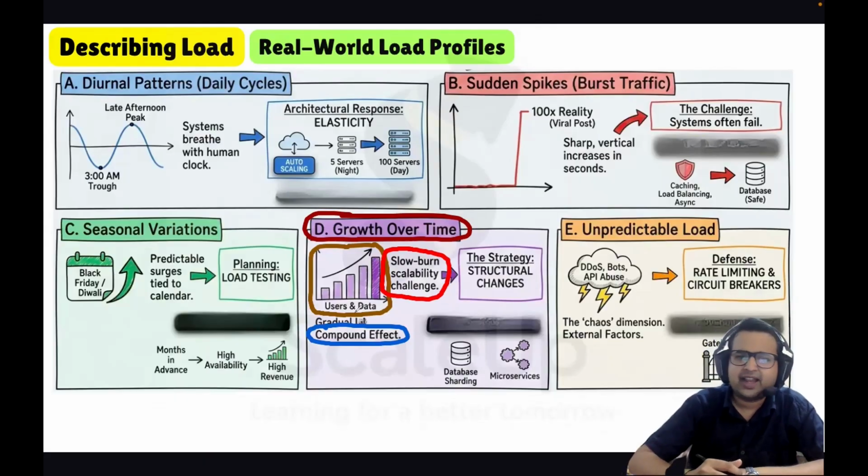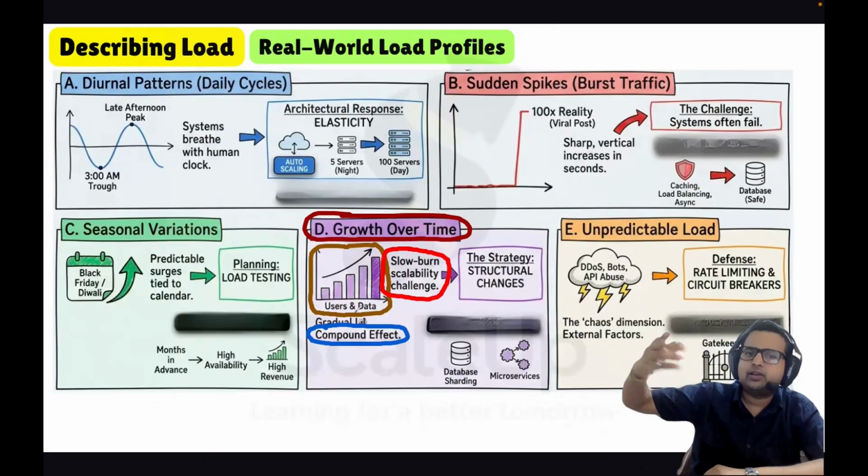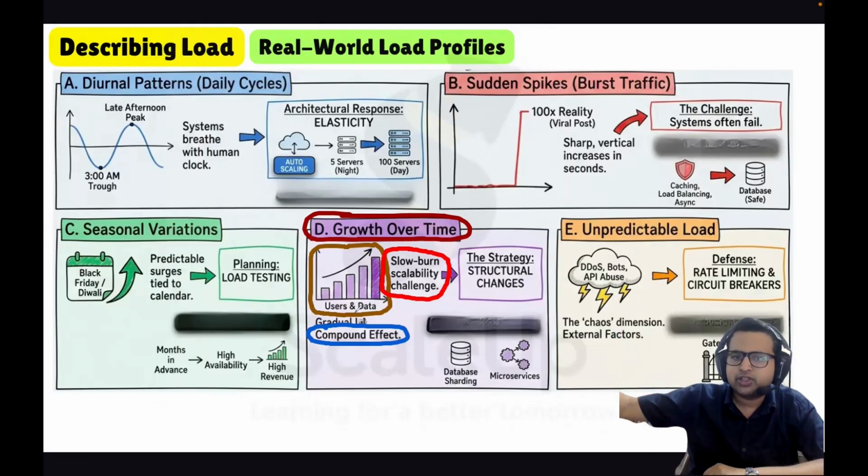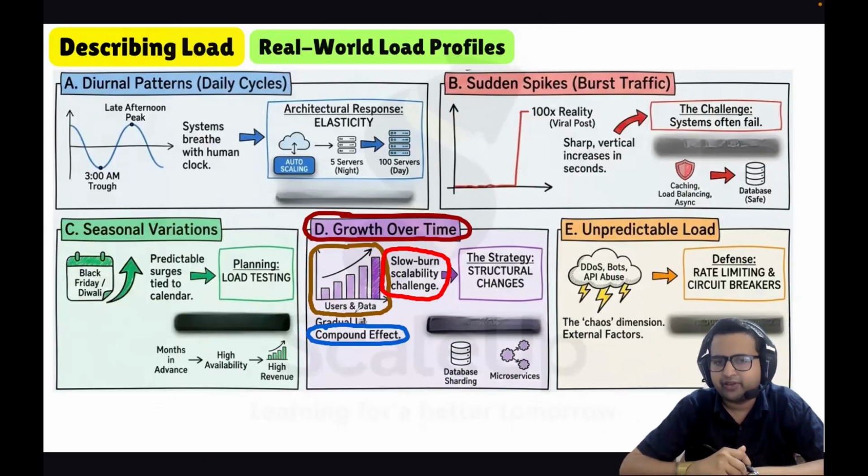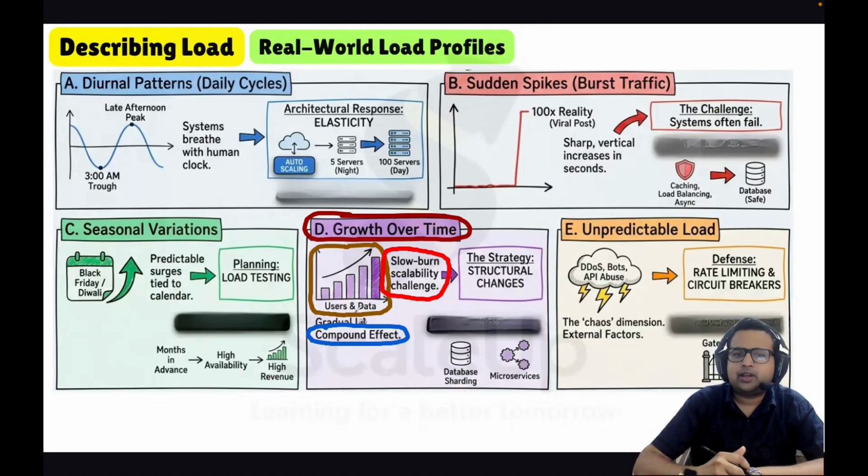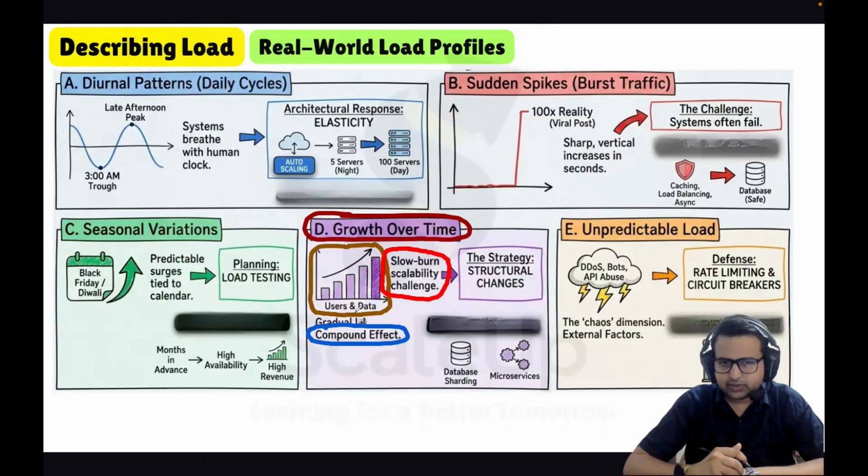That is the compound effect. The databases that were handling 1000 users, the same resources cannot handle 10 lakh users. So we will need some strategy to deal with growth over time, and that strategy is structural changes.